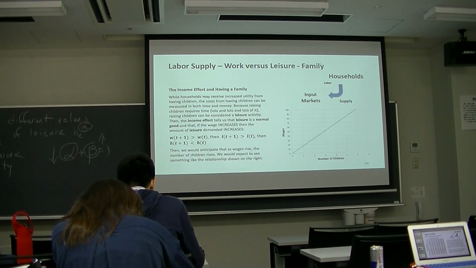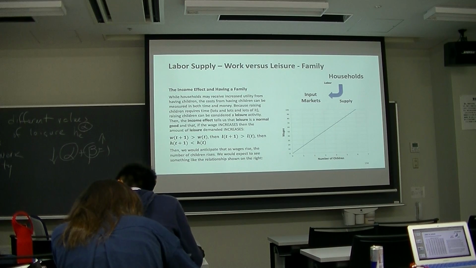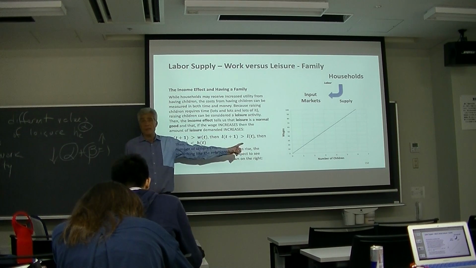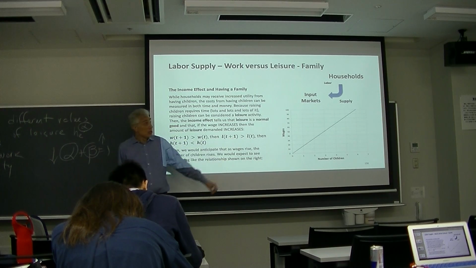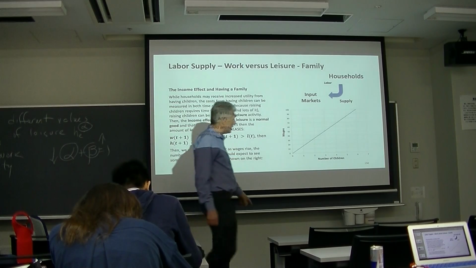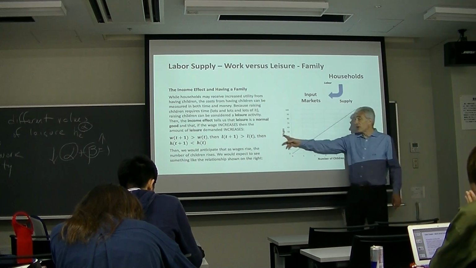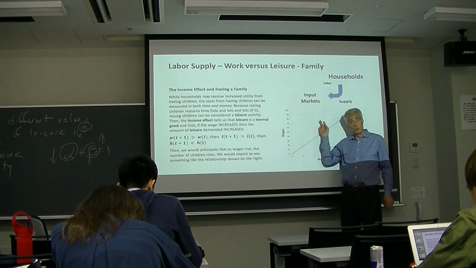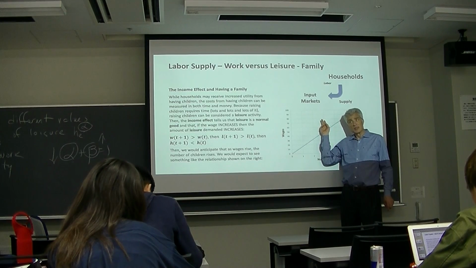People who have children get a lot of satisfaction out of raising them. So we may say that the demand for children is upward sloping with income, because the more income we have, the more we can afford to pay for children. The demand curve for children with regard to wages and income: as our income increases, we should want to demand more children. Okay, so that makes sense.